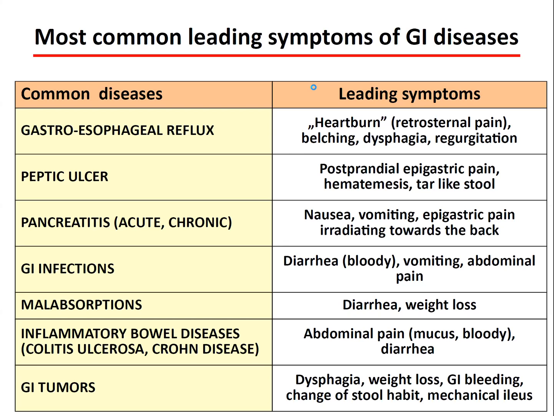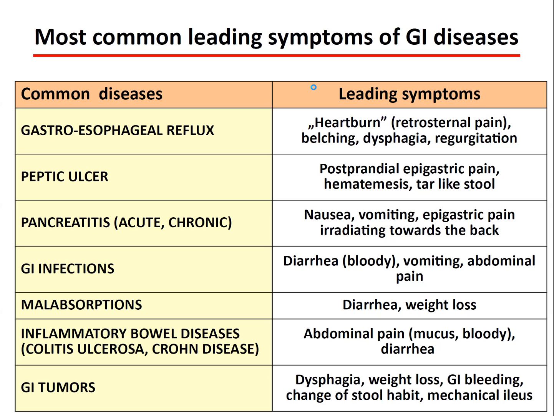Very many of us usually have GERD, or gastroesophageal reflux disease, that is manifested usually with the symptoms of heartburn, when the patient feels some retrosternal pain, or belching, dysphagia, or regurgitation, or they do have some teeth erosion.